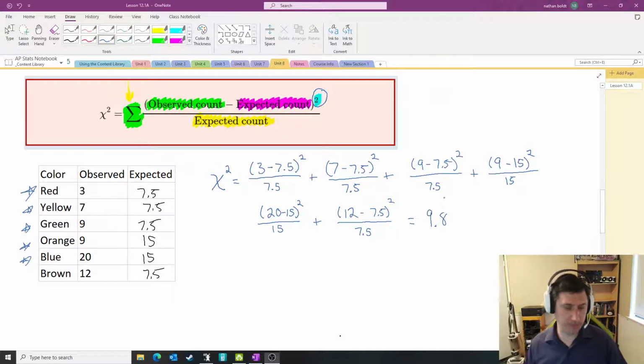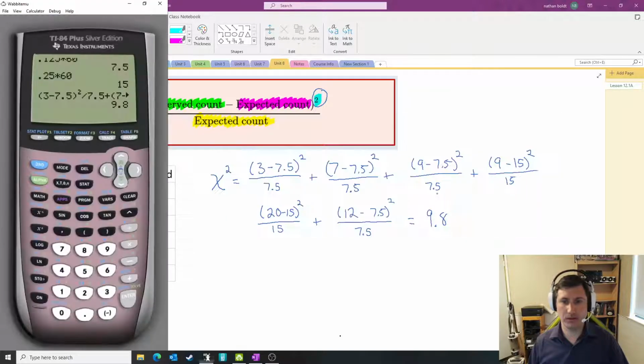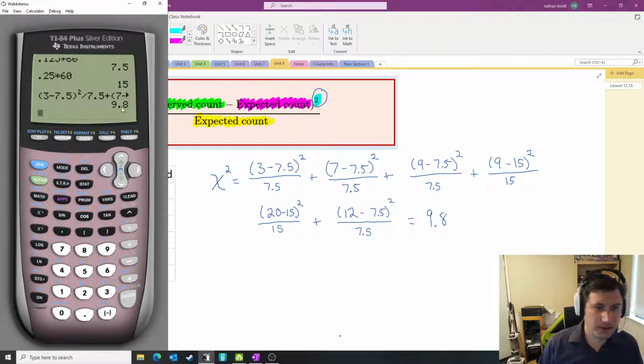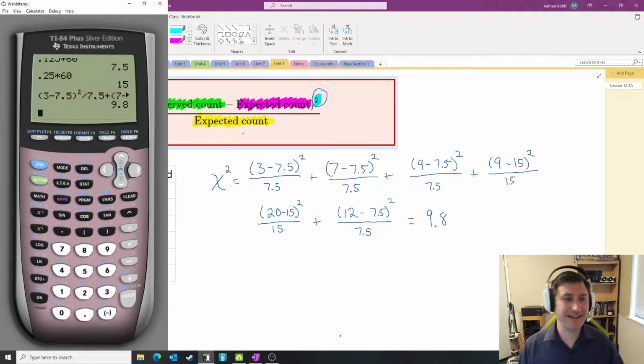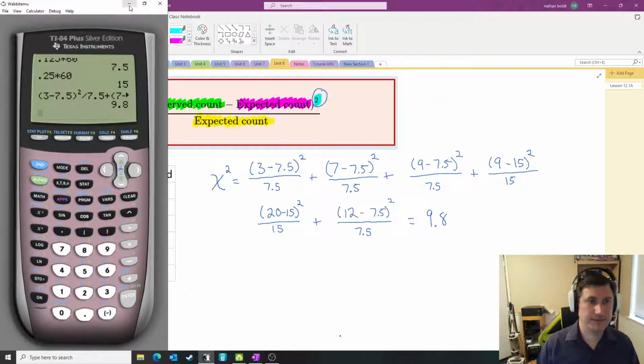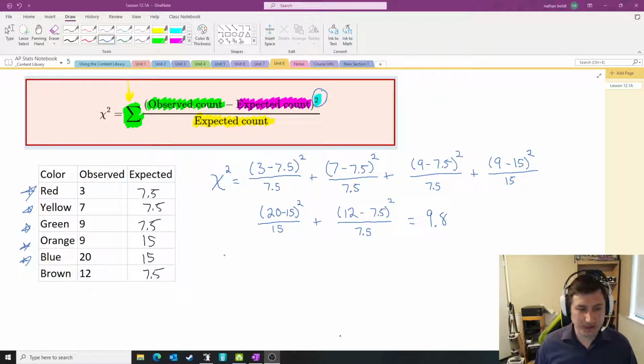I got a test statistic of 9.8. So my chi-squared is equal to 9.8.